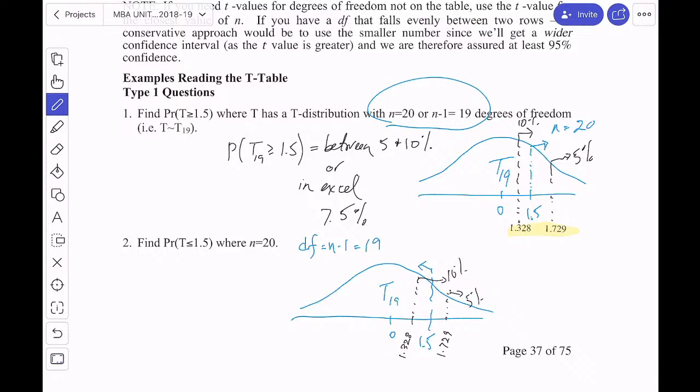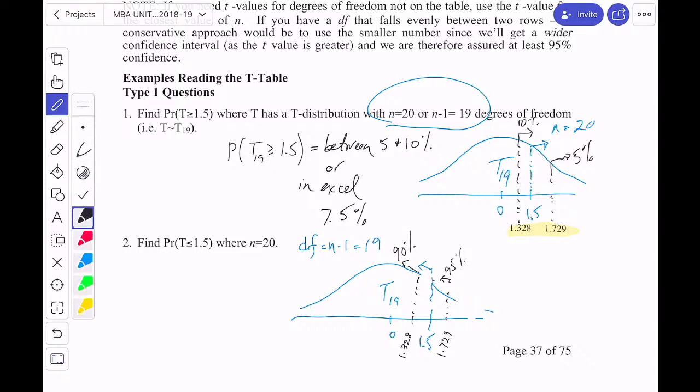But I'm in between, and I'm going the other way. So how do I do the flip side? Well, let's rewrite these going the other way. So let's write that. If it's 5% to the right, then it's 95% to the left. And if it's 10% to the right, then it's 90% to the left.